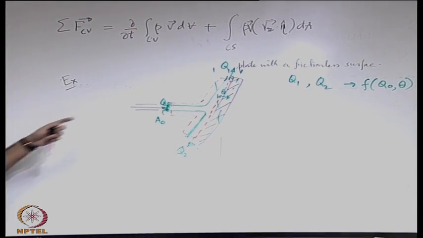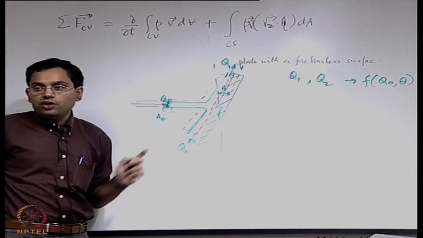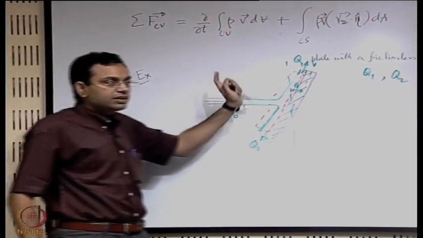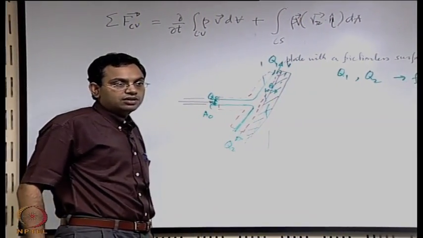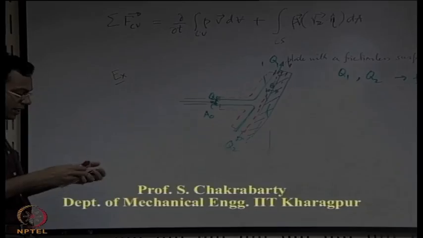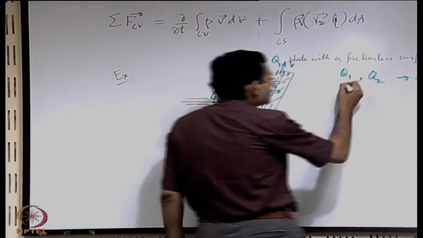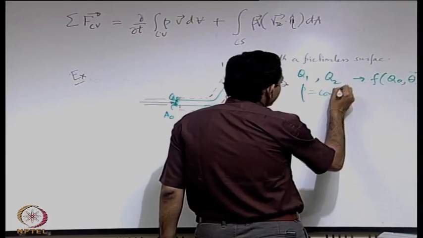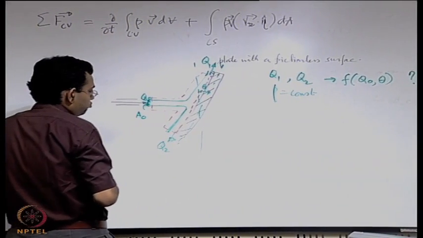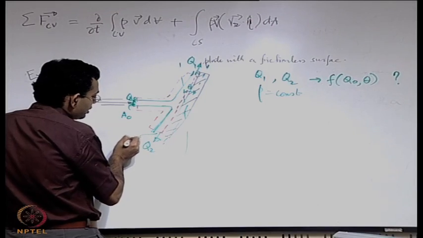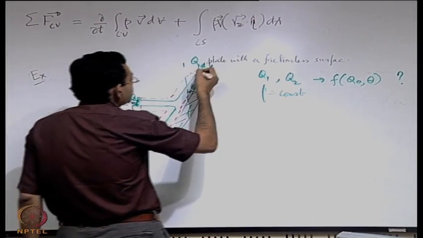Now when this control volume is drawn, we are interested to write an expression first for the mass balance, conservation of mass. Assume that the density of the fluid is a constant. Let us say that the areas of flow here are A2 and A1.